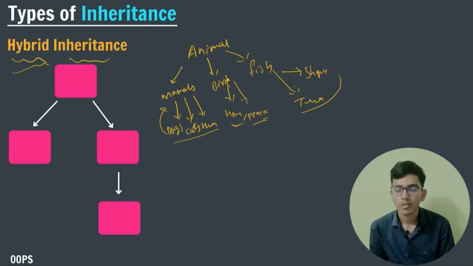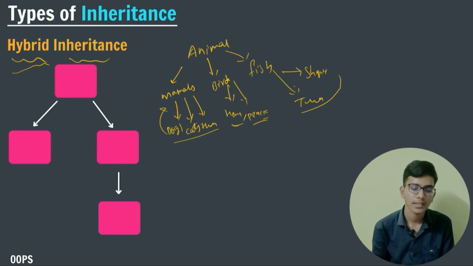So up to now we have covered the types of inheritance, and we have understood how we can create our parent class and how we can extract the properties from the parent class by using the child class.